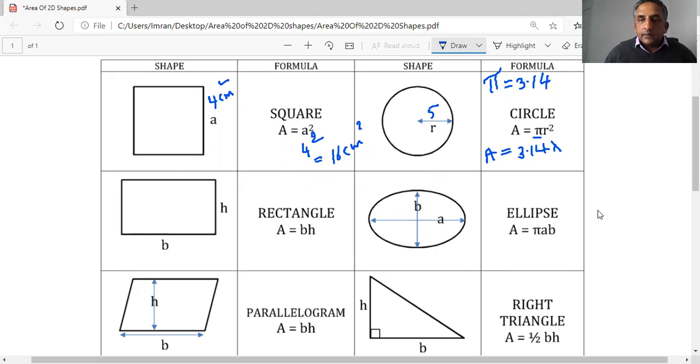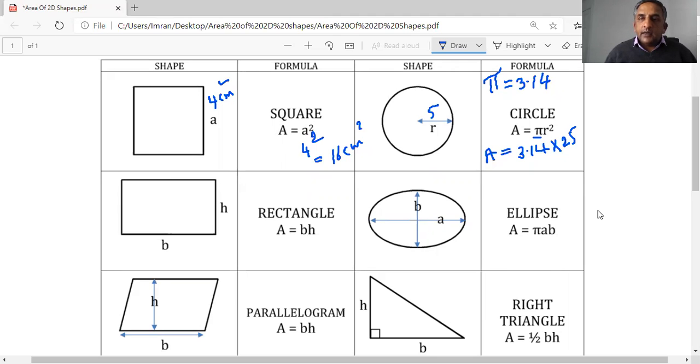Now imagine in this shape the radius is 5 centimeter. So it will be 5 centimeter square, which is 25. 5 times 5 is 25. So then we can put them in the calculator, because area of a circle questions always come in the calculator paper. But if you are young, for example, 10 or 11 years old, maybe you're not allowed to use a calculator.